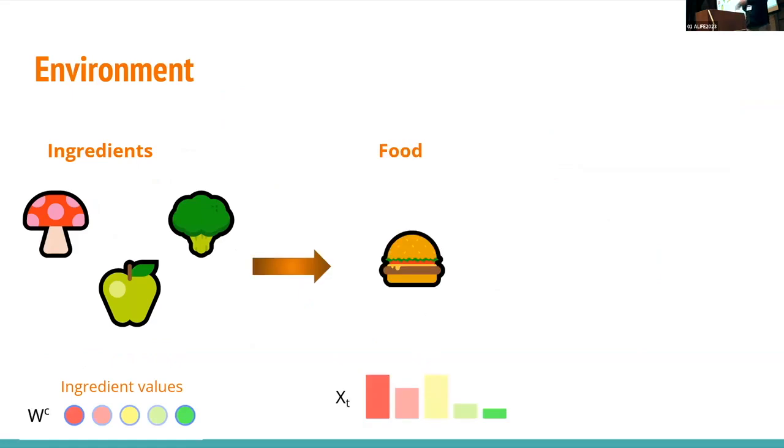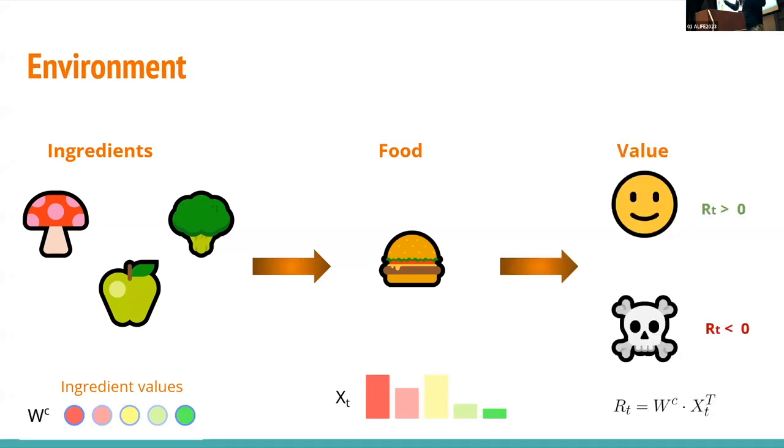The nth ingredient is the nth position in the food vector, and this gives us the quantity of this ingredient. And the total value of the food is the weighted sum of the quantities of ingredients times the values of the ingredients. If this food value is positive, then the food is good to eat. If negative, it is bad.